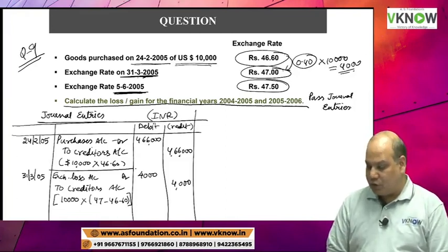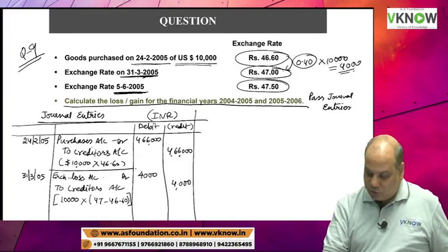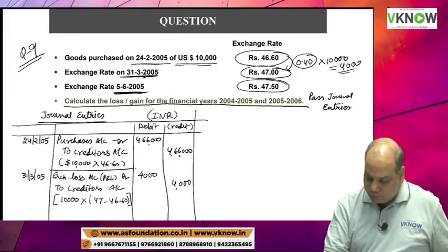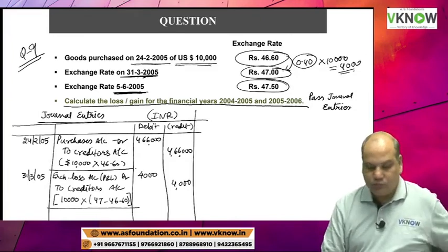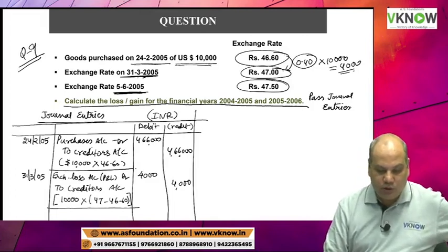So you are right, 4,000 rupees loss will be there. This loss we will transfer to the P&L account.